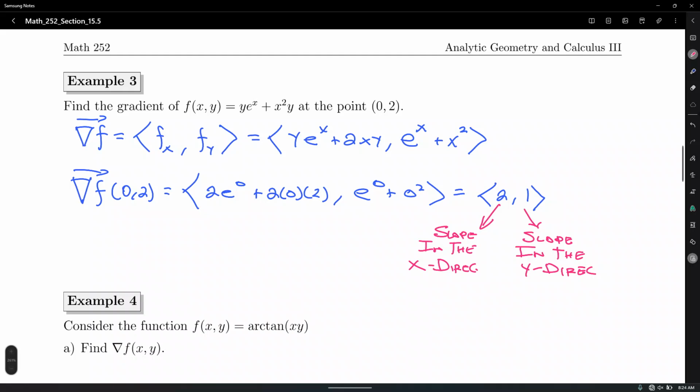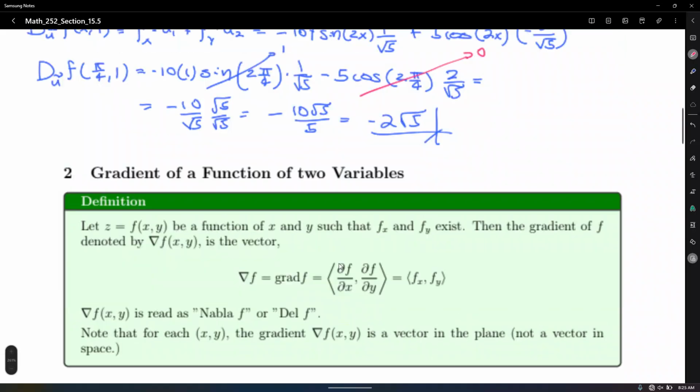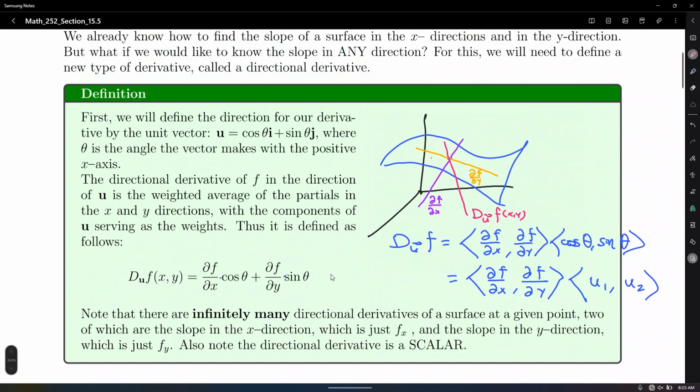Okay, so let's have a look at another example to find the gradient. This two-part exercise is, number one, about finding the gradient, and part B, finding the directional derivative. So as you can see, again, this connection between the gradient and the directional derivative. Let me just go back to the first page and show you again. Let's recall how we defined this directional derivative in terms of a dot product between two vectors.